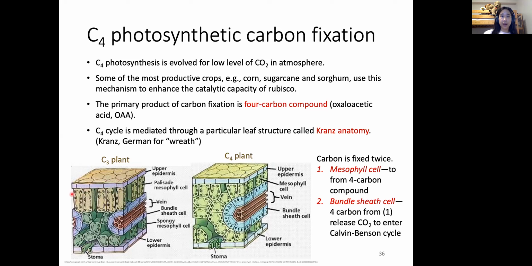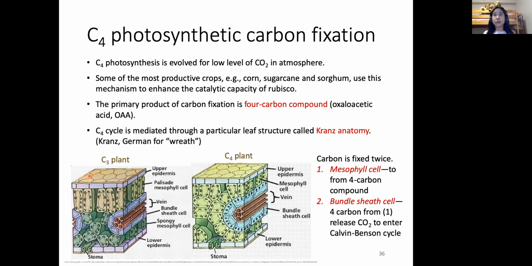You have palisade mesophyll, you have veins with xylem and phloem, you have bundle sheath cells around the xylem and phloem, and you also have spongy mesophyll scattered around. And notice you have stomata here. Stomata are like a window that allows oxygen to get out and carbon dioxide to get in for photosynthesis.